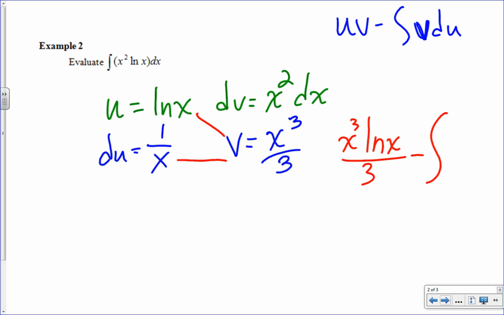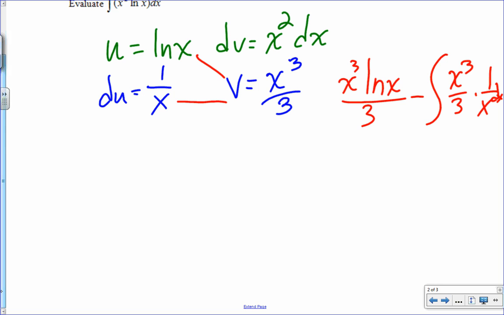v du. Well, really it ends up being x to the third over 3 times 1 over x dx, right? So don't forget, this is part of your answer already.